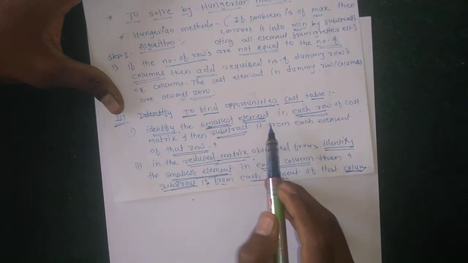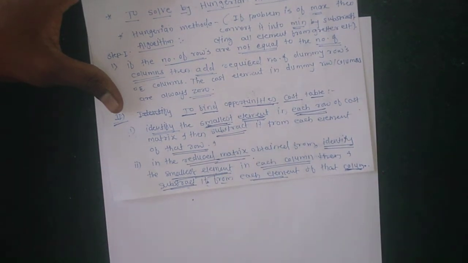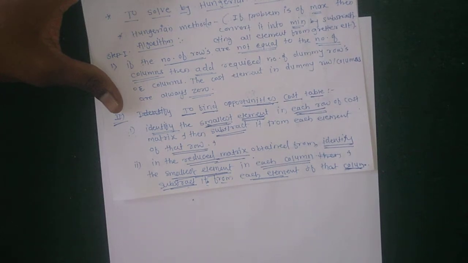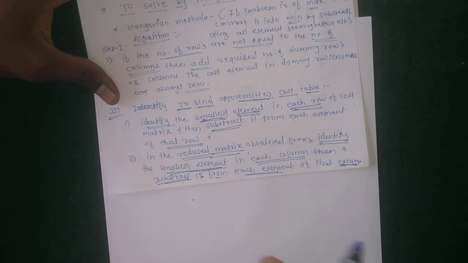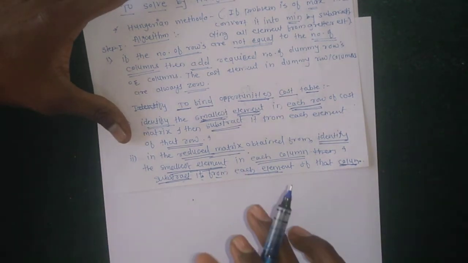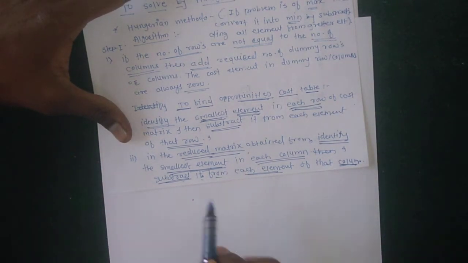Firstly, identify the smallest element in each row and subtract it from every element of the respective row. After reducing the matrix, subtract the smallest element of each column from every element of that column. So in the reduced table, the smallest element in the first row is 1, in the second row 6, in the third row 1, and in the fourth row 4.